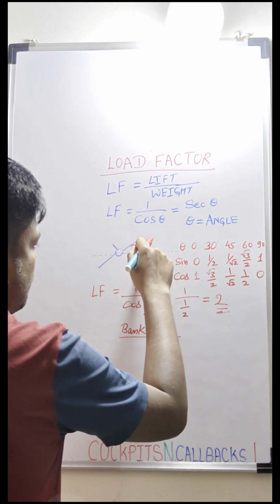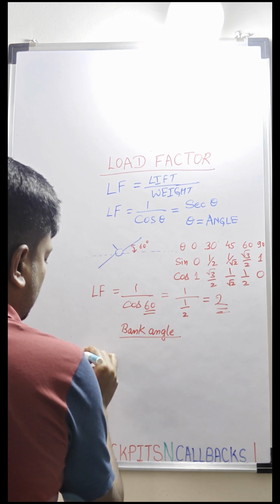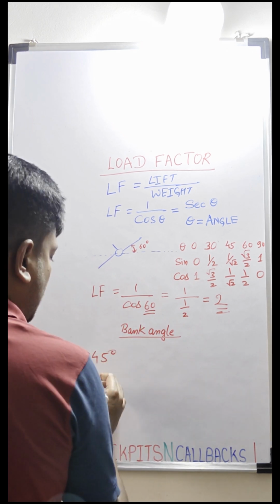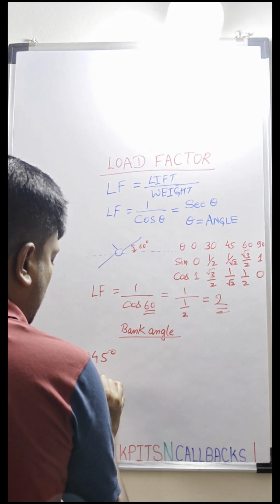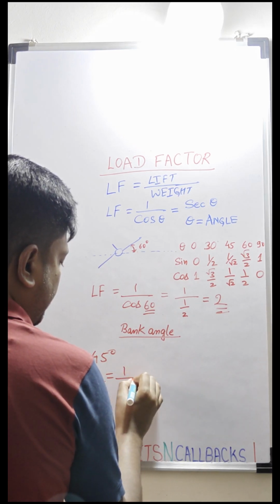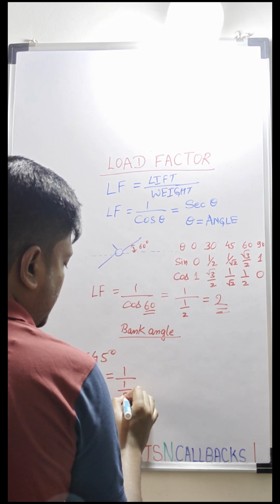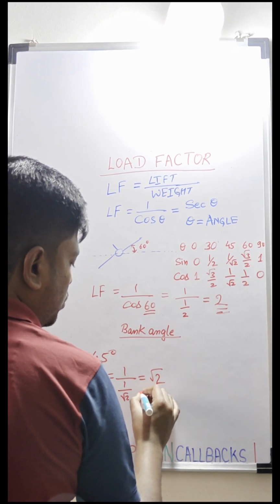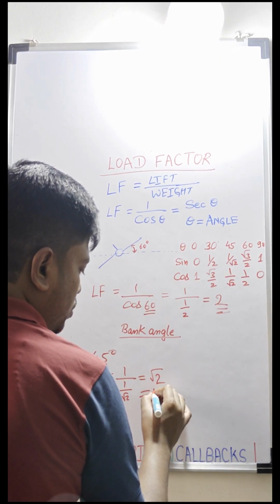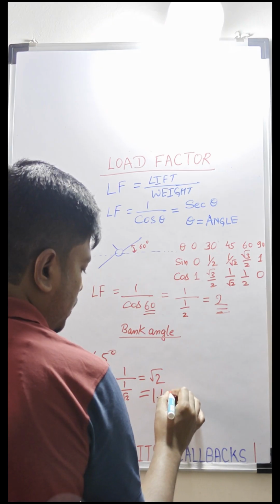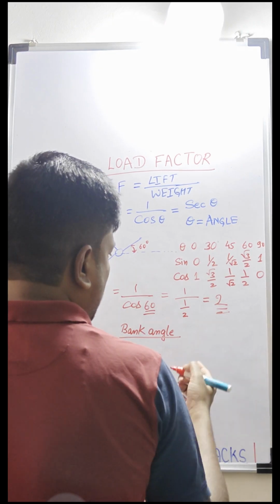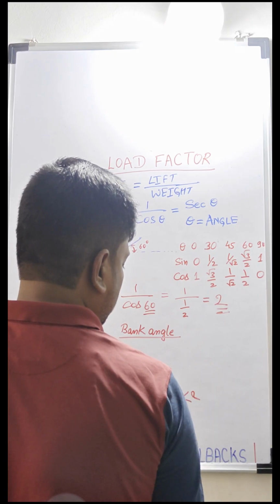So let's take another example where theta is equal to 45 degrees, right? So what happens? 1 by cos 45, 1 upon 1 by root 2, this becomes root 2. The value of root 2 would be 1.414, right? This is smaller than 2.